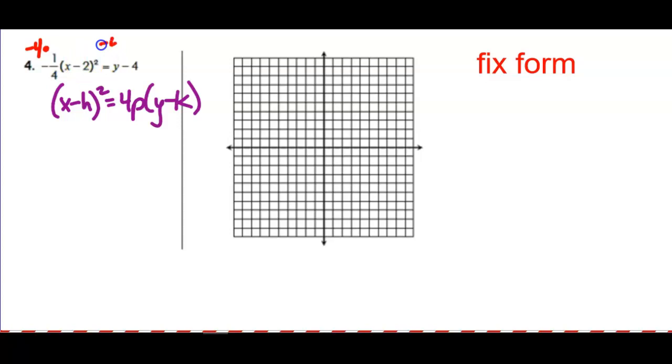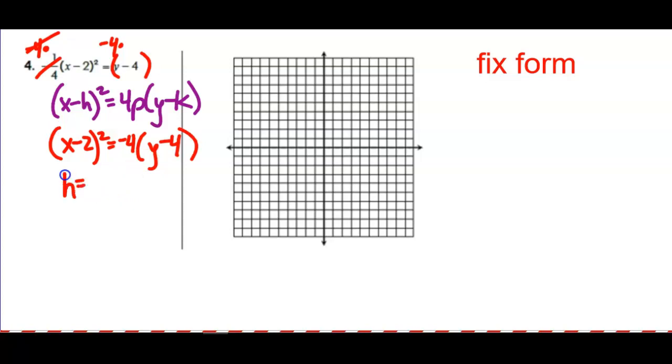And we're going to multiply this side by a negative 4 so that we have this form. And it will be x minus 2 squared equals negative 4 times y minus 4. A lot of 4's here. Okay, so h is 2. 4p is negative 4, which makes p negative 1. And k is 4.